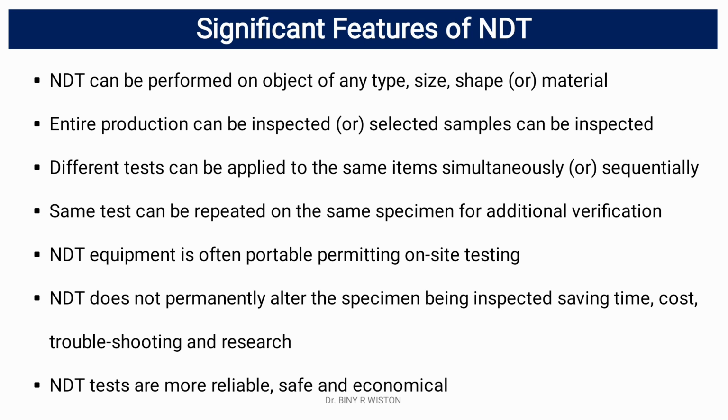Also, different tests can be applied on the same material either simultaneously or sequentially, and the same test can be repeated on the same specimen for additional verification. It may be added that NDT equipment is often portable. This permits the use of NDT methods for on-site testing in most locations.